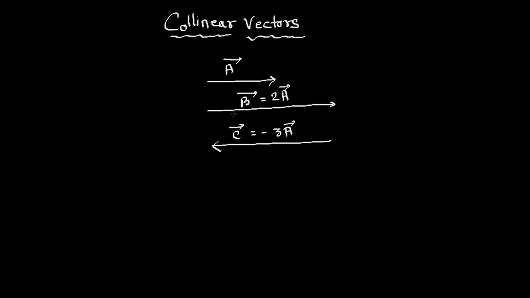Here A and B are parallel vectors, and A and C are anti-parallel vectors. But what is the collinear vector among these three? When these three vectors under consideration share the same support or have a common support, then we consider them collinear vectors.